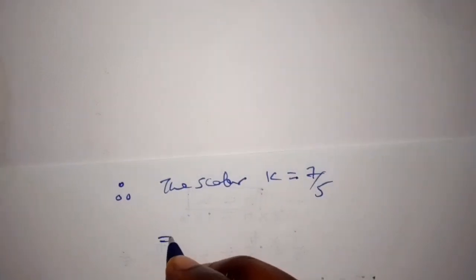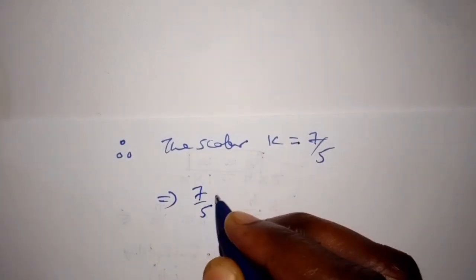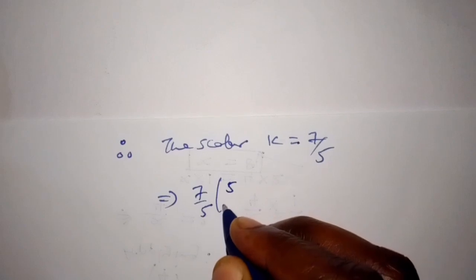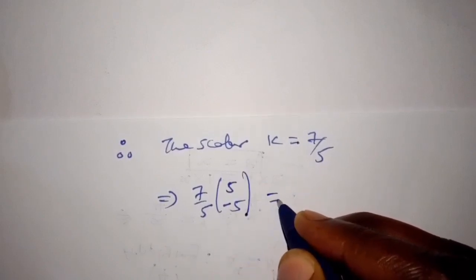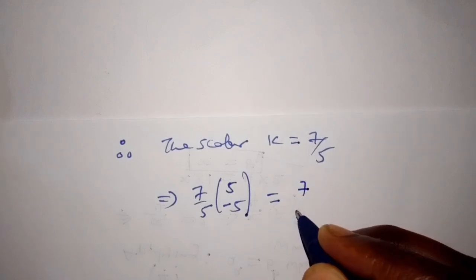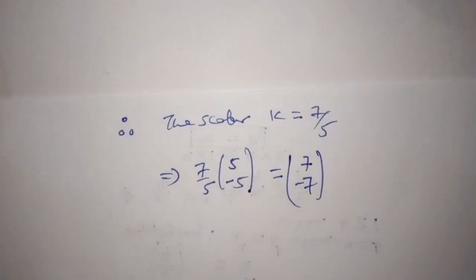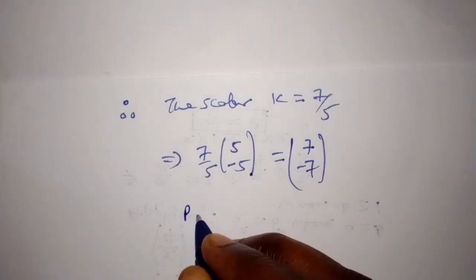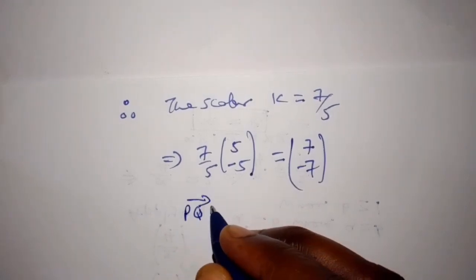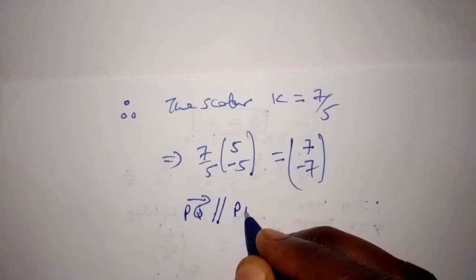This implies that 7 over 5 times (5, -5) is equal to (7, -7), and this means that vector PQ is parallel to vector PR.